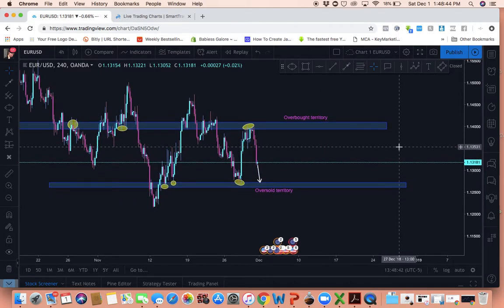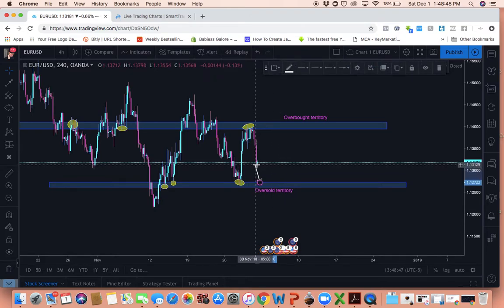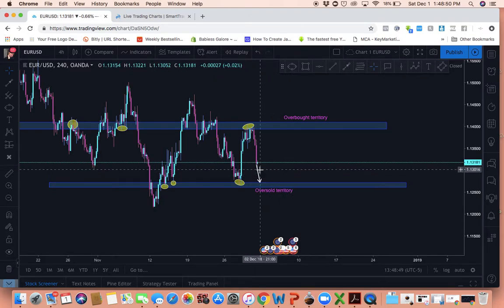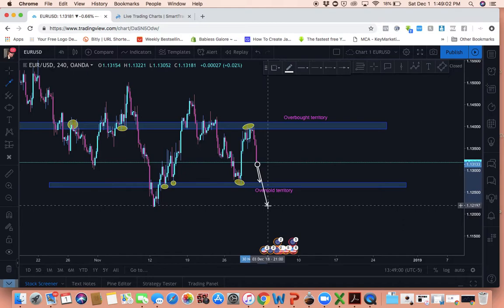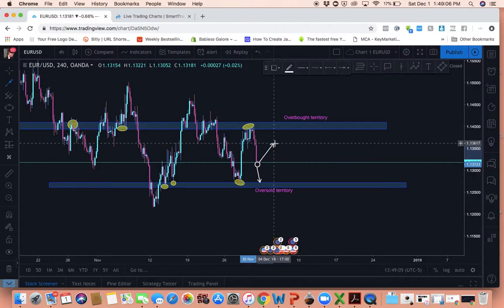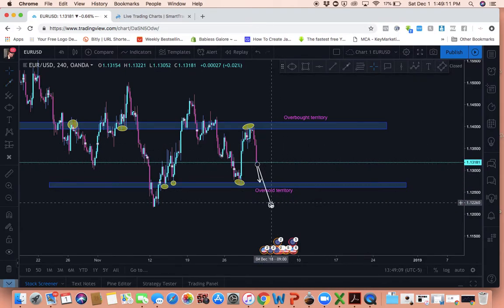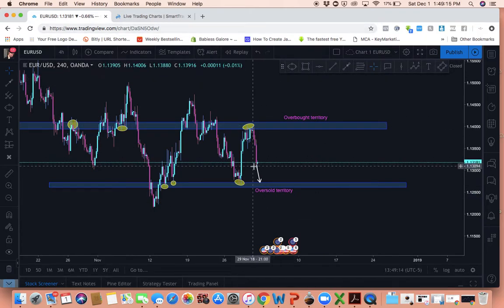So what you're waiting for, and this is why you become a professional waiter rather than a professional trader, because there will be traders that once they see price gets down here, they'll automatically buy into the market and think that it's going up, but the market could definitely decide to just break this area and continue its downtrend rather than going up here. And this is why you must always wait for a retest. What a retest gives you is confirmation on which way the market is actually going.